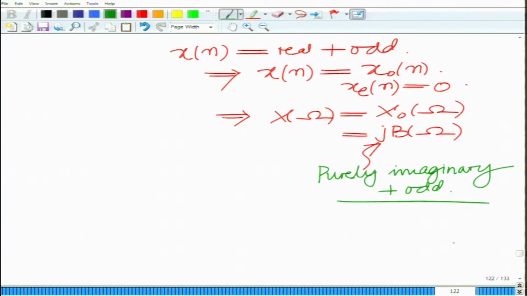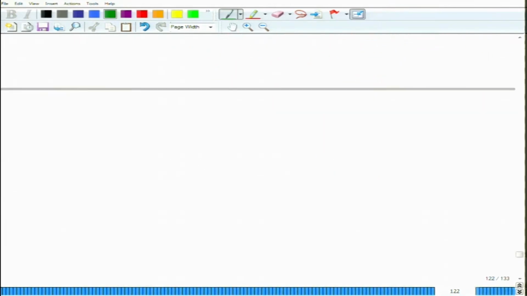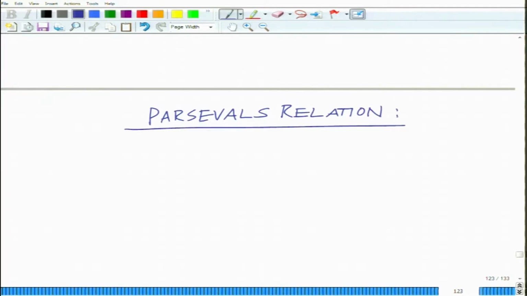And then, to complete this, we can look at Parseval's relation, one of the last properties that we can look at for the DTFT. This is also very simple. Remember, previously we said, let us say we have y[n] equals x1[n] multiplied by x2[n].